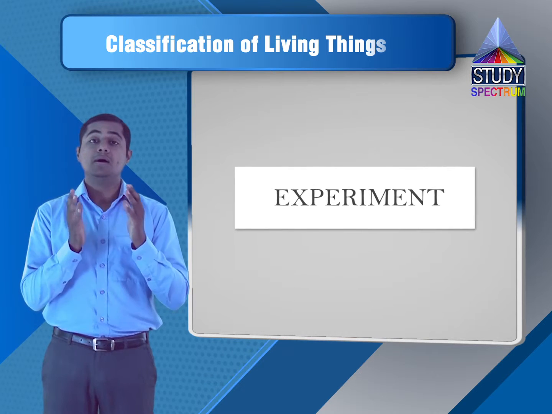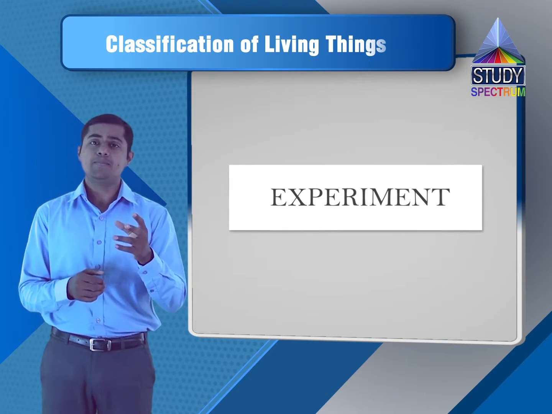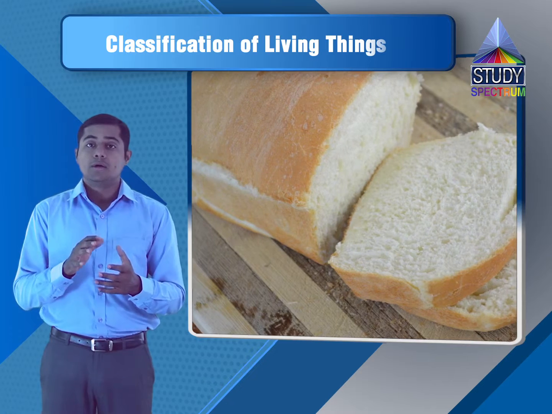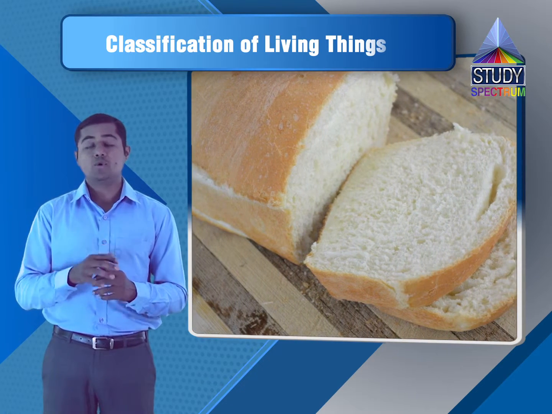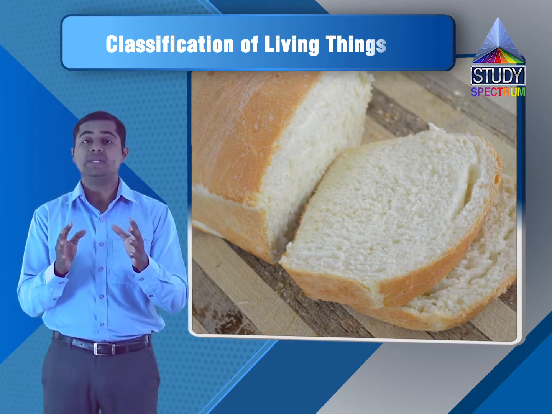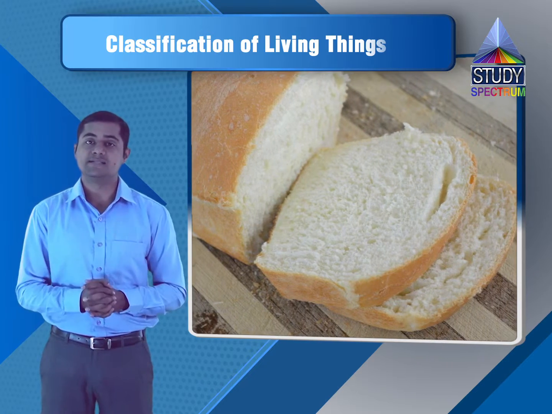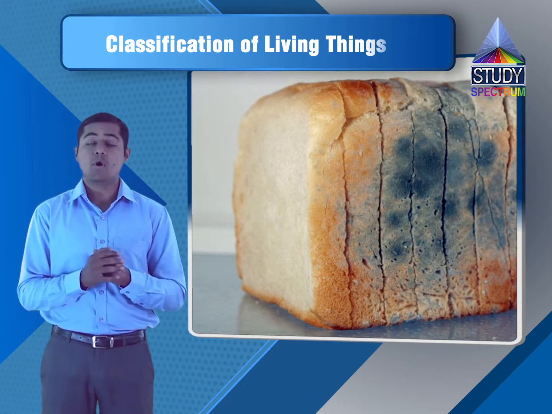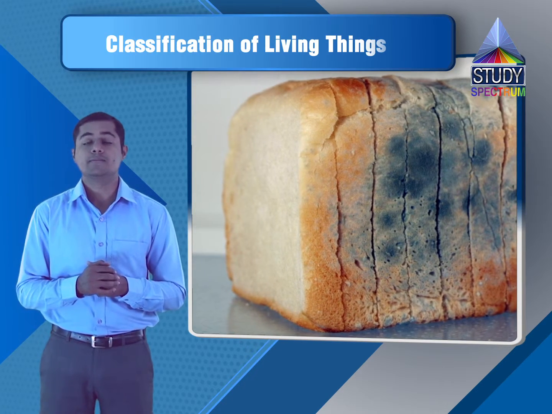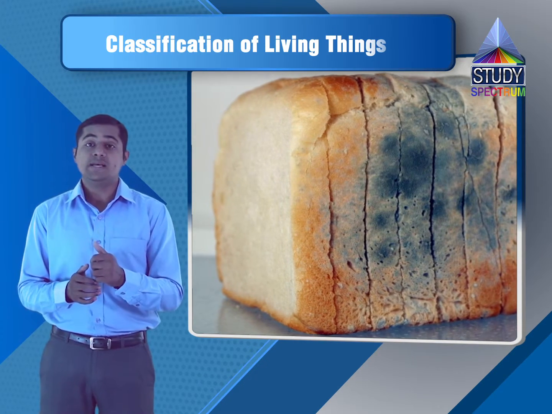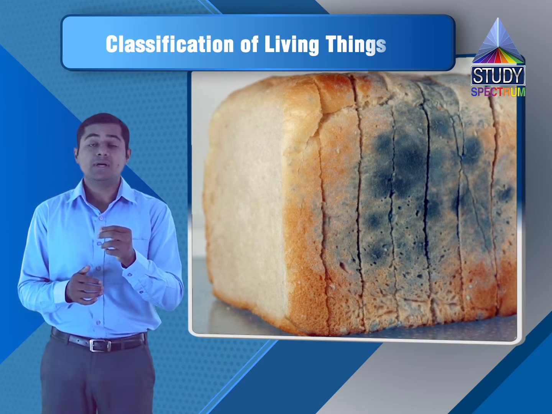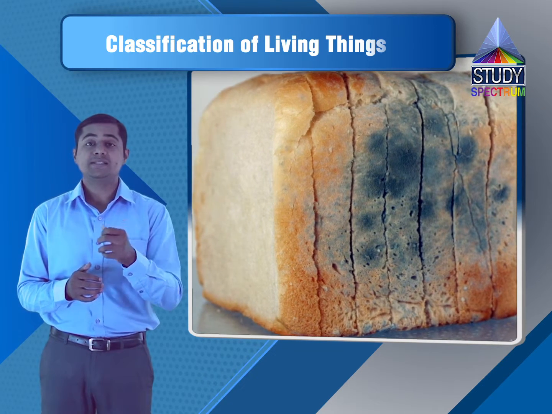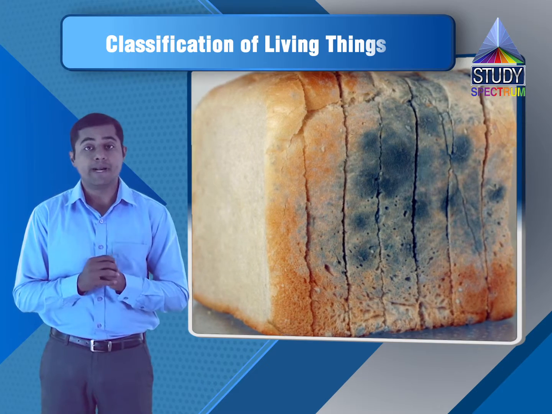Let's do an experiment. Take a piece of bread, keep it in a box, close that box and leave it for 2 to 3 days, just as it is. After 2-3 days, when you open that box, what do you see? You can see a whitish or grayish velvet-like structure grown on the bread.